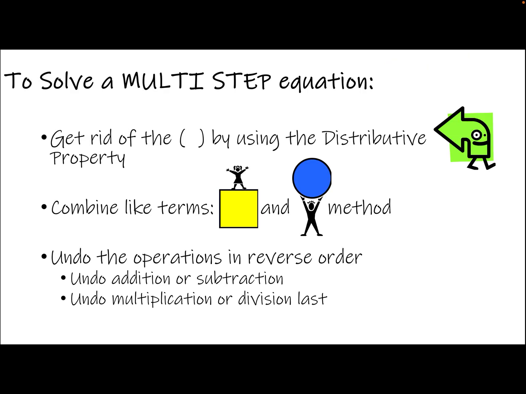All right, here we go. To solve a multi-step equation, we have 3 steps that we are going to follow. Step 1 is if there is parentheses to distribute, you have to clear the parentheses. So the first thing you do when you start a problem is you look to see, is there something I need to distribute?